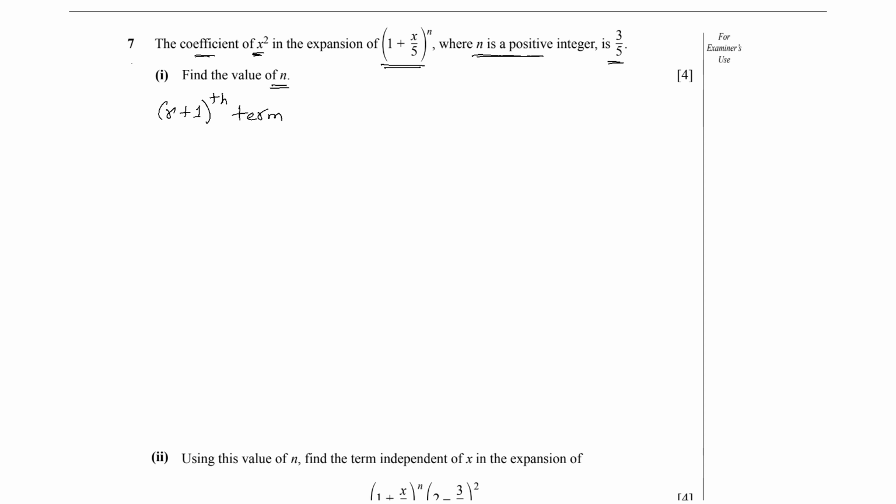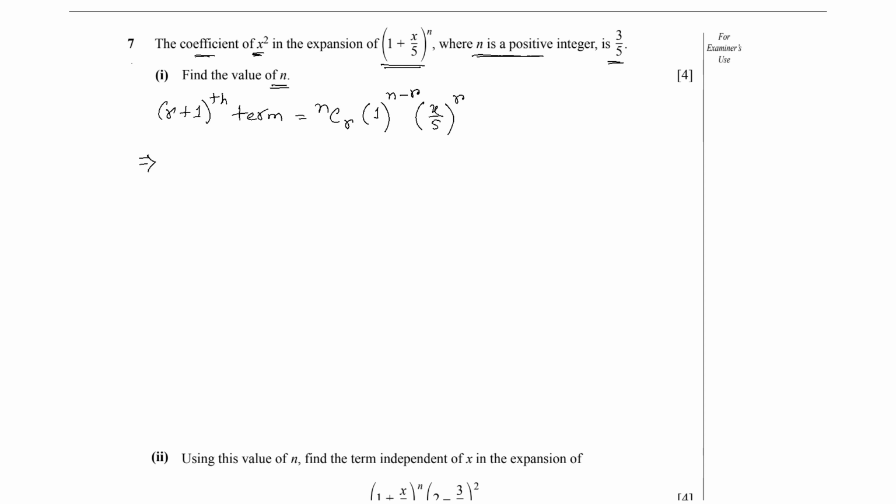So let me write this r plus 1th term as nCr, let r, then 1 to the power n minus r times we need the second term, that is (x over 5) whole to the power r.